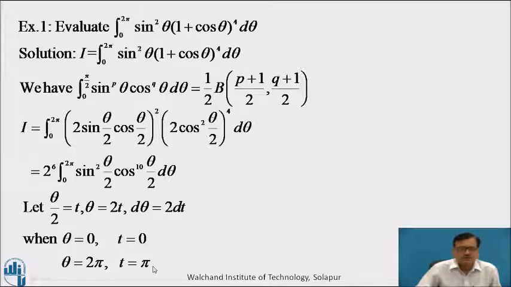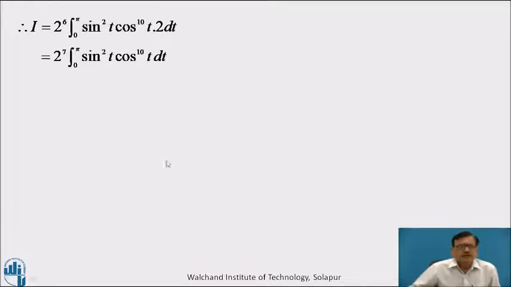Using these substitutions in the given integral, we get I equal to 2 raised to 6 integration from 0 to pi sin square t into cos raised to 10 t into 2 dt, which is equal to 2 raised to 7 integration from 0 to pi sin square t into cos raised to 10 t dt.